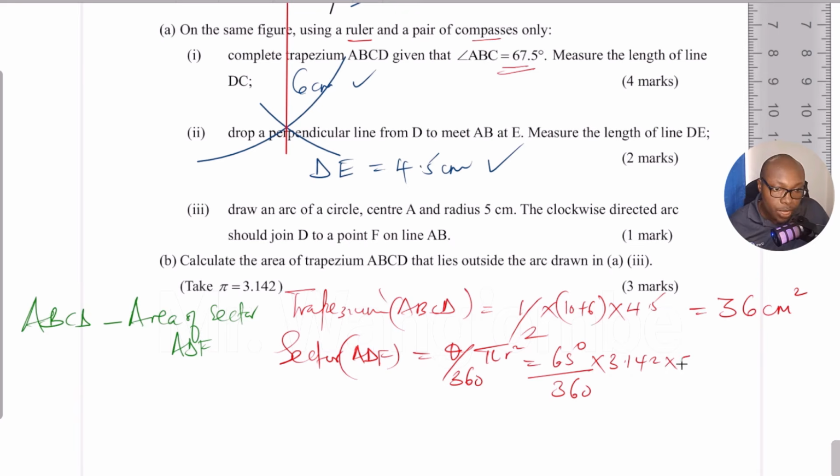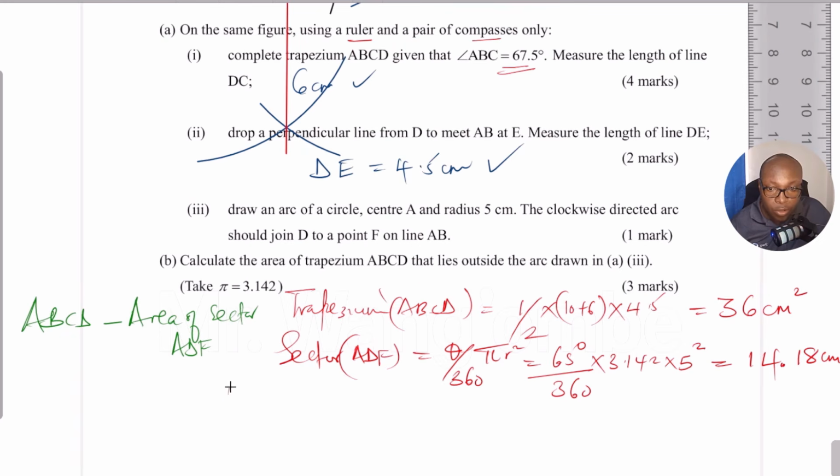So 65 multiplied by 3.142 times 25 divided by 360 gives 14.18 centimeters squared, correct to 4 significant figures.